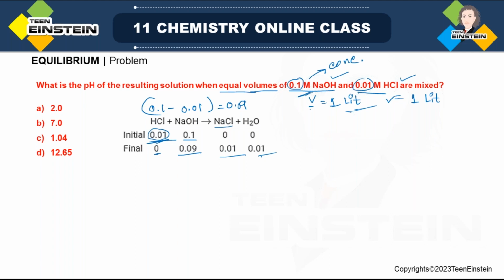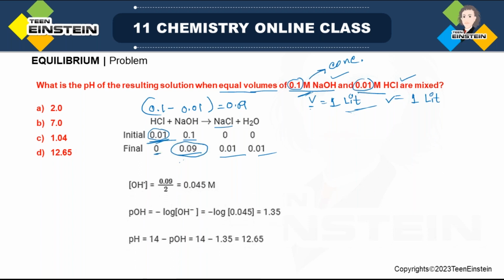But we are interested only in the pH of the solution. That means we are interested in this part. So here the HO minus concentration is basically what you are getting from this value. So the HO minus concentration is 0.09 moles, but that is present in 1 liter.